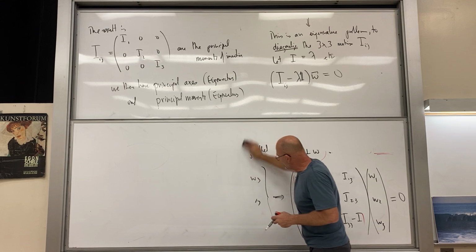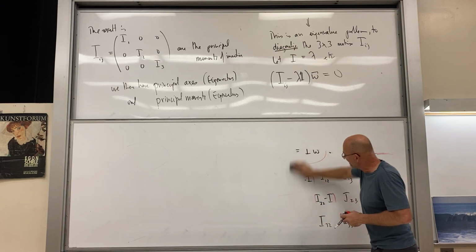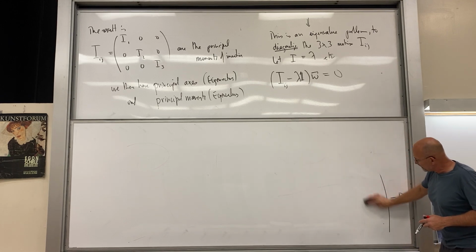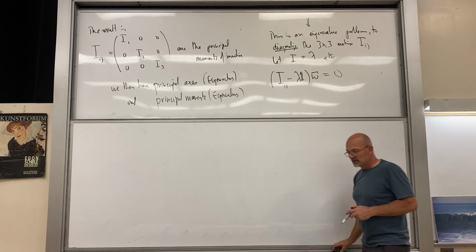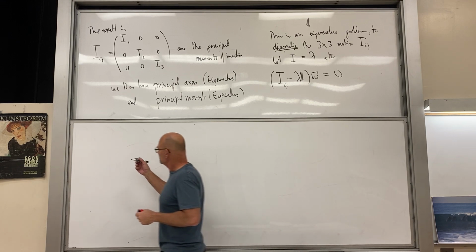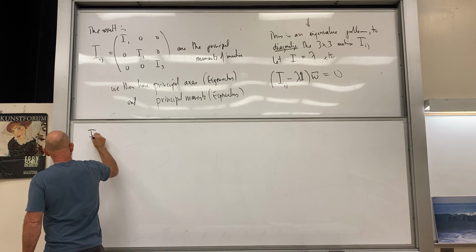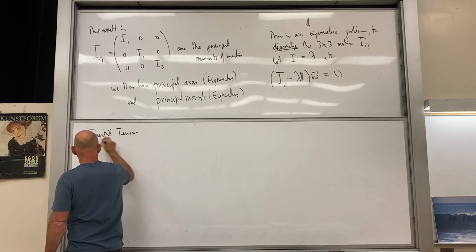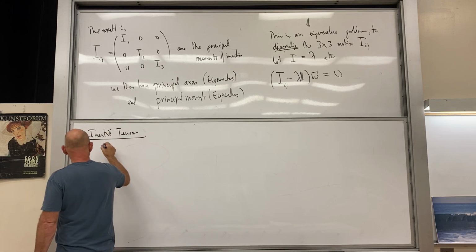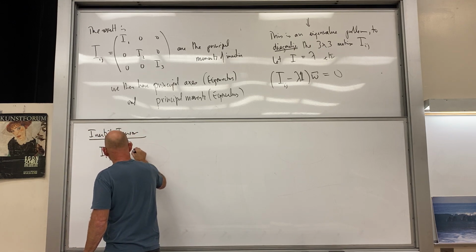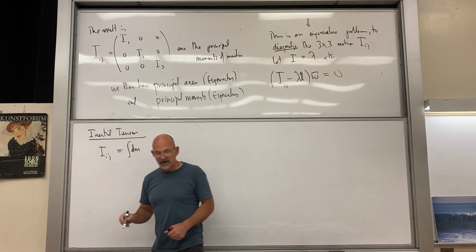Okay, so now we're back to talking about the inertial tensor. We want to calculate some of these. The role of symmetry is pretty clear. So let's see here. Inertial tensor. And we can write it sum or integral, doesn't matter.